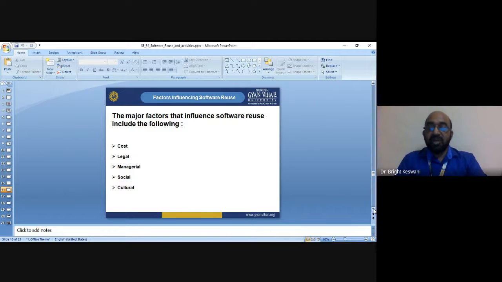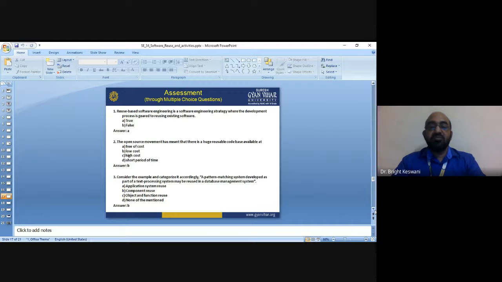This implies an infrastructure where components are described and that description is accessible easily. So these are some factors influencing the software reuse. This is all from my side.